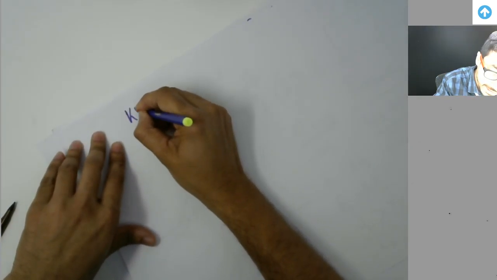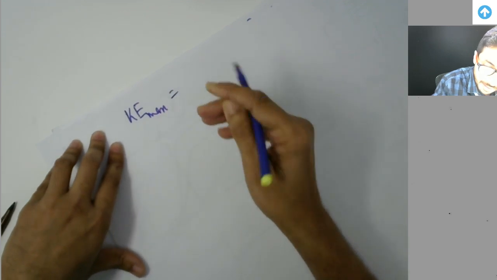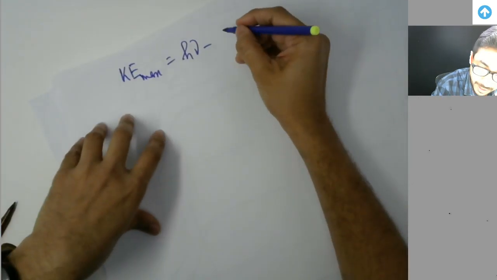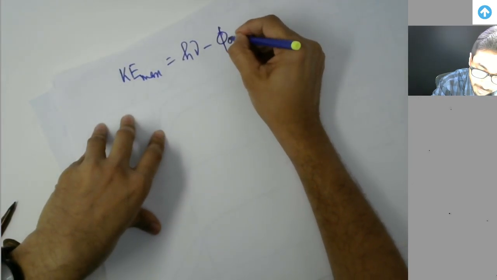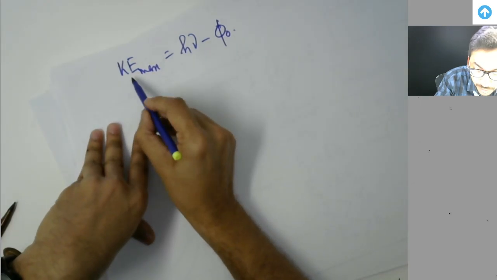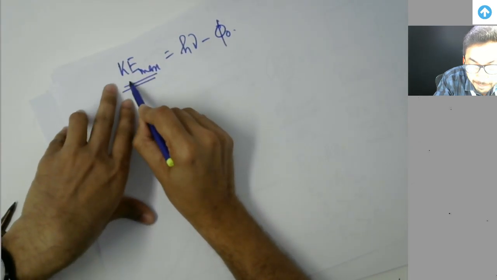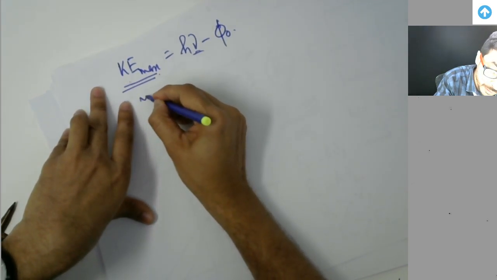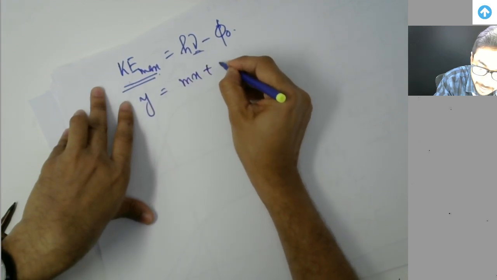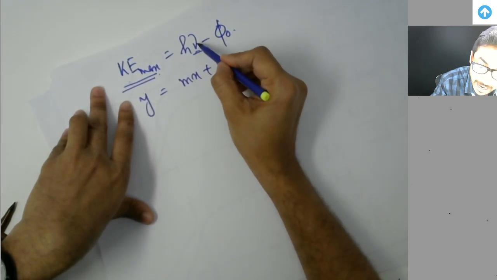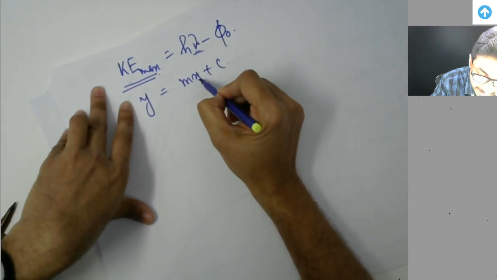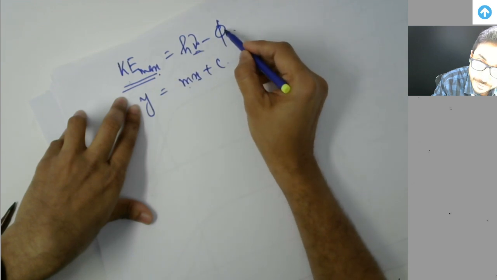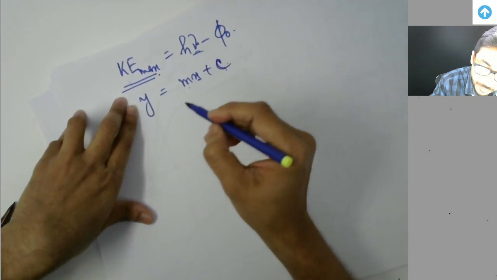We have seen that K_e maximum equals h nu minus the work function phi 0. Now we'll try to draw a graph between the maximum kinetic energy and the frequency. If you compare this with the normal straight line graph y equals mx plus c, you can see frequency is the x and K max is the y, where h is the slope and minus phi 0 is the y-intercept.